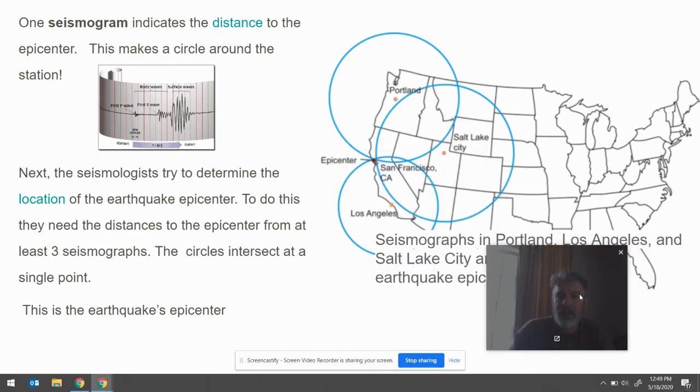So in this case, let's say in LA, you saw that it was 500 kilometers away from LA. That means it's somewhere around here. We don't know exactly where it's at. But then you get one reading in Portland, you get another reading in Salt Lake City, and then you draw three circles, and whatever that intersecting point is, that's where the epicenter of the earthquake is. And sadly, that's right where we live.